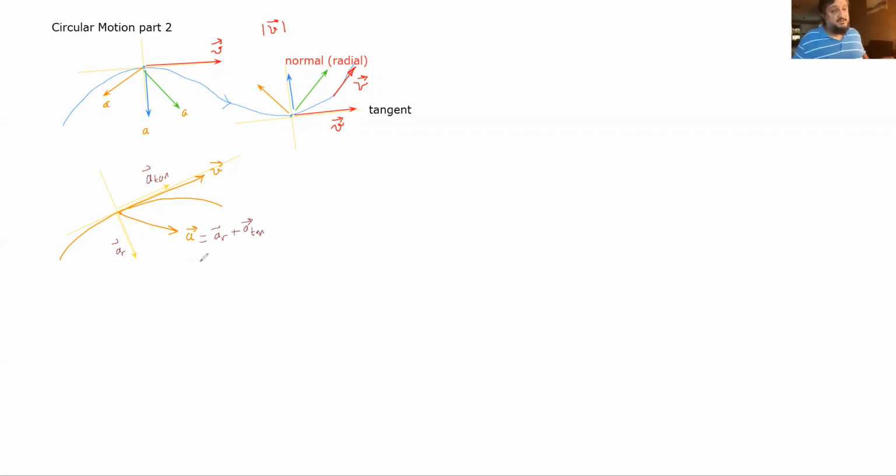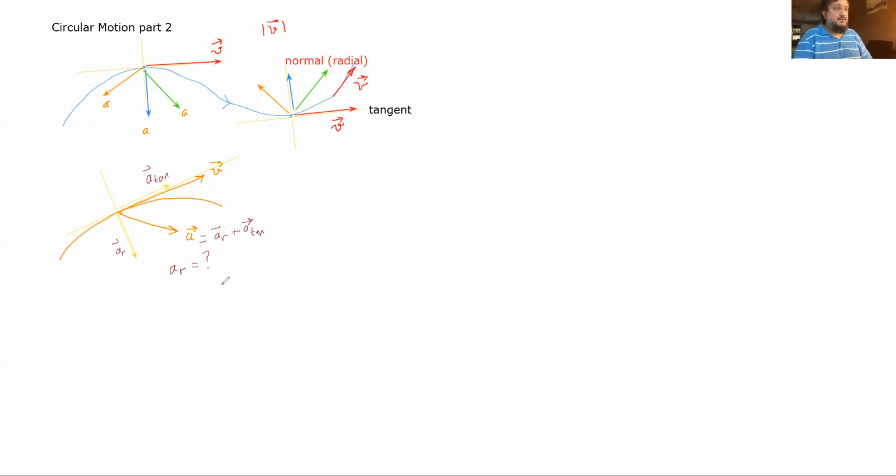Now, today I'm going to derive a formula for A_R. The magnitude of A_R will be dictated by the shape of the curve and how fast the object is moving. I don't have a formula for A_T. Okay, I don't have it. But this, I'm going to show you how to derive the formula for that.